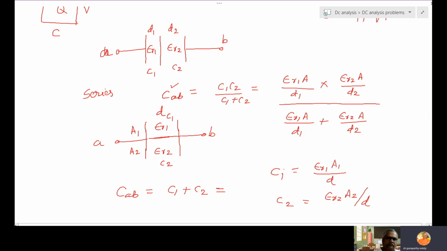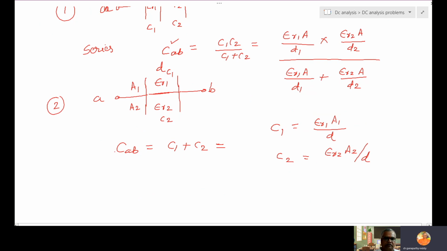So this first one is series connection. Second one is parallel connection. Third one can be series and parallel. How to do it?